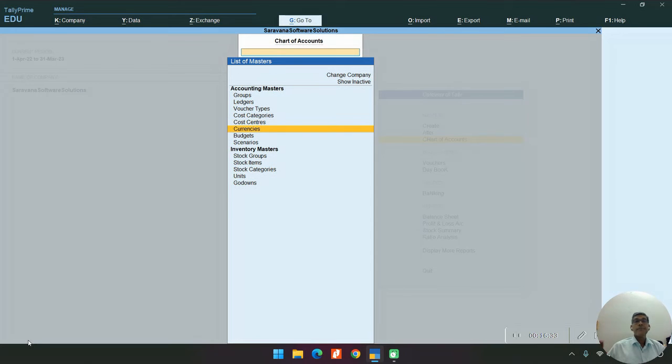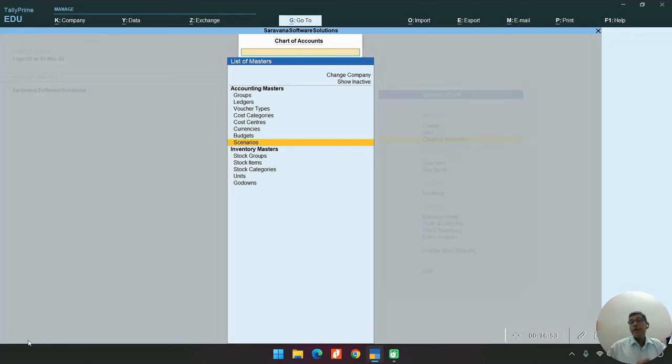Then currencies, budgets, scenarios. Without affecting your original data, you can make an analysis.